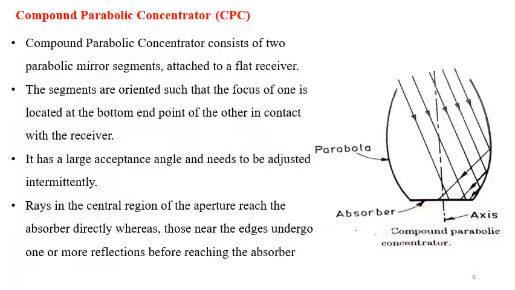In addition to collecting both direct and diffuse radiation, an advantage of this CPC is that it provides moderately good concentration, although less than a focusing collector, in an east-west direction without, or with only seasonal, adjustment.